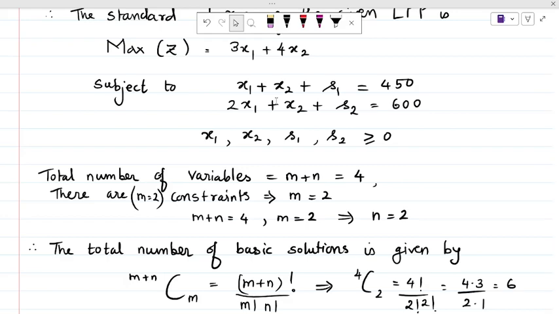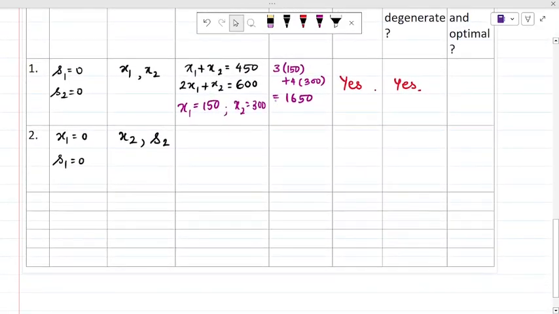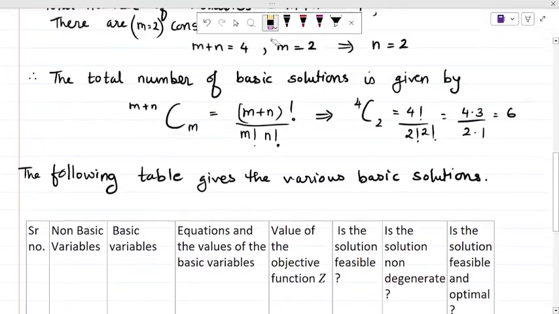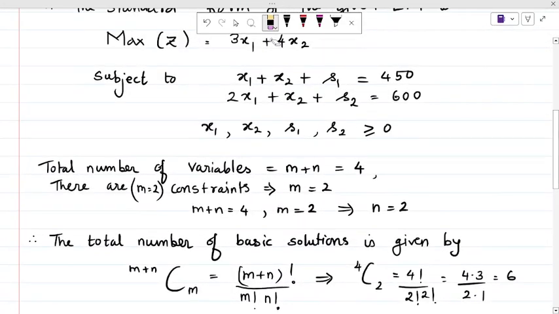x2 is 450 from the first one, x2 becomes 450 automatically, right? No, wait, we have to see what happened here. x1 is 0, s1 is 0, so x2 is 450, correct?